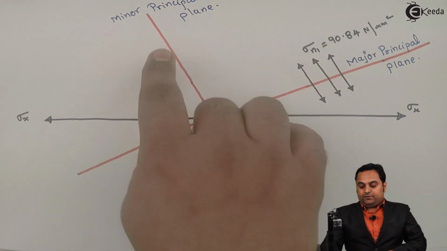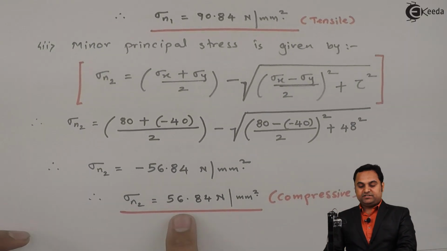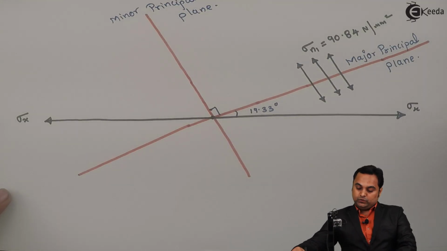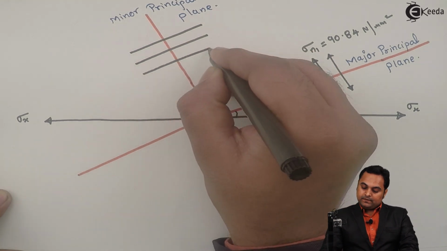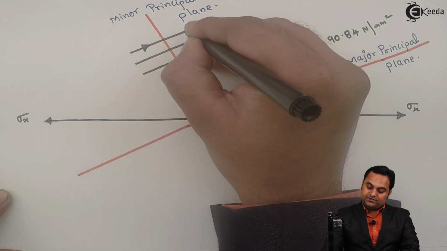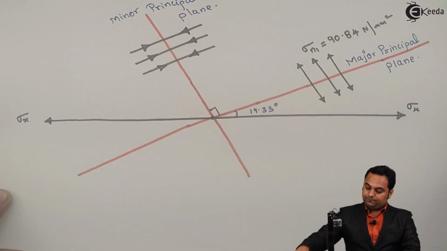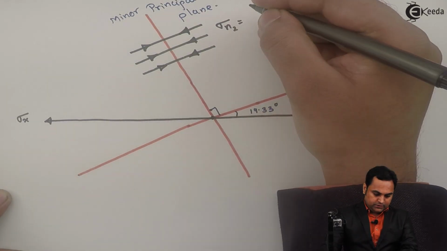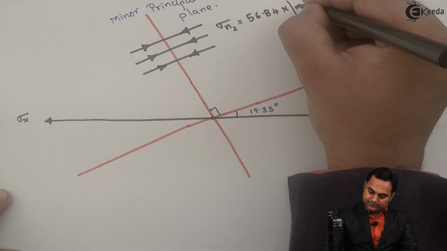Now this minor principal plane will carry sigma n2, and sigma n2 was compressive, having value 56.84 Newton per mm square. So on this minor principal plane I am denoting the stress as compressive. Arrows are pointing towards the plane. The value of stress is 56.84 Newton per mm square.